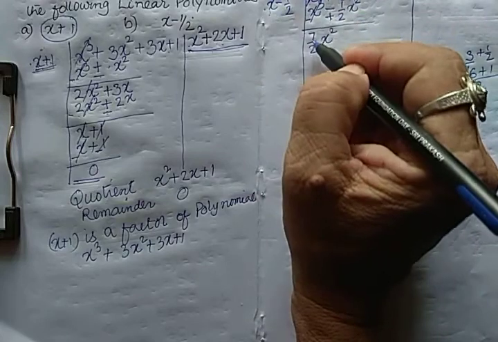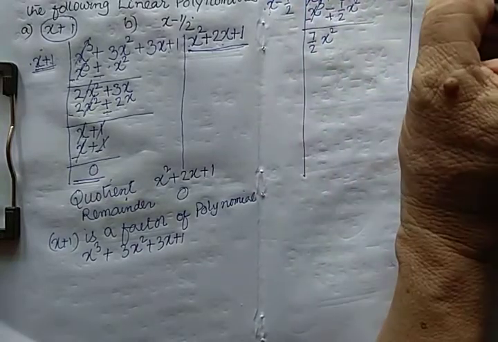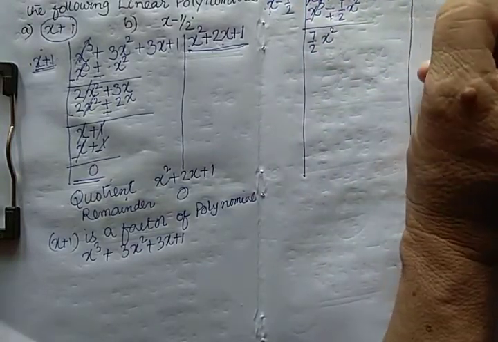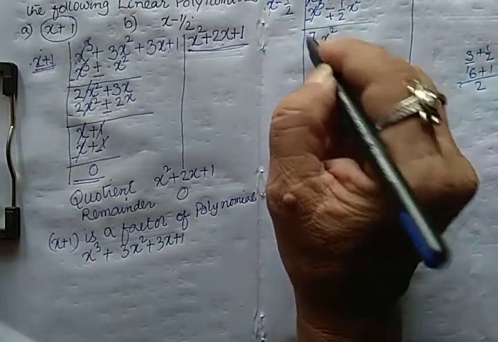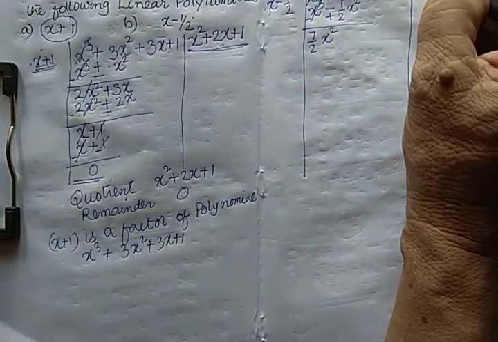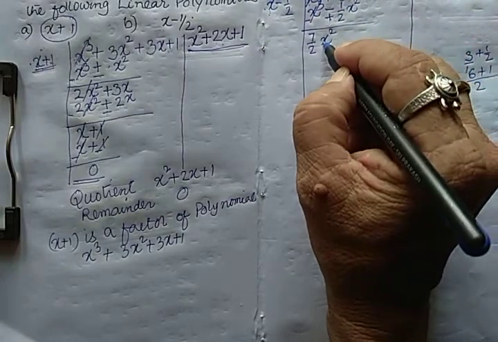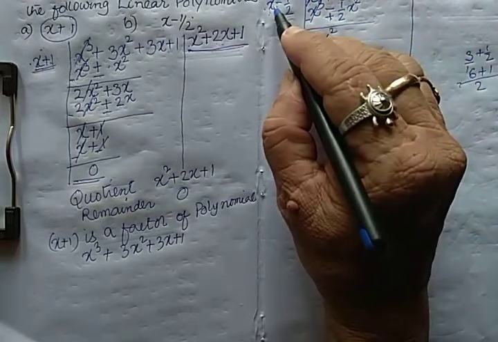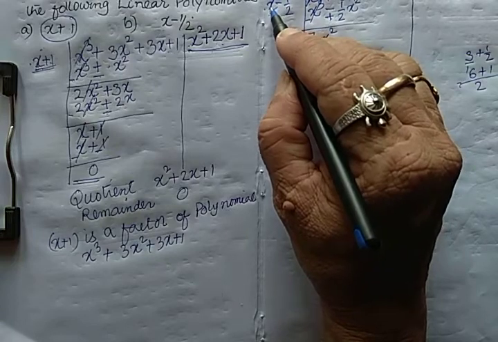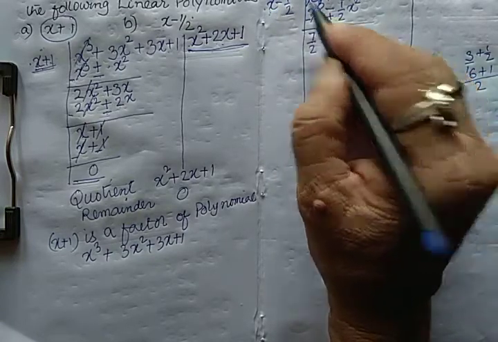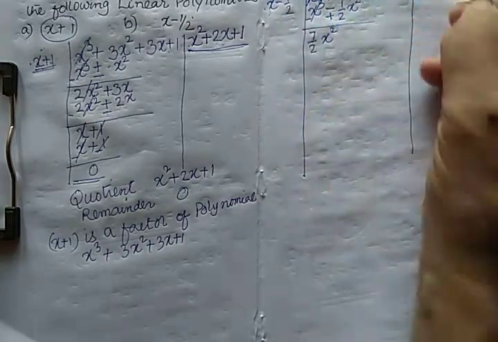So here the first sign is plus. Here the number you should get is 7 by 2, so you have to multiply by 7 by 2. Next here you get x square. So by what term should you multiply x to get x square? 2 minus 1, 1. So x.